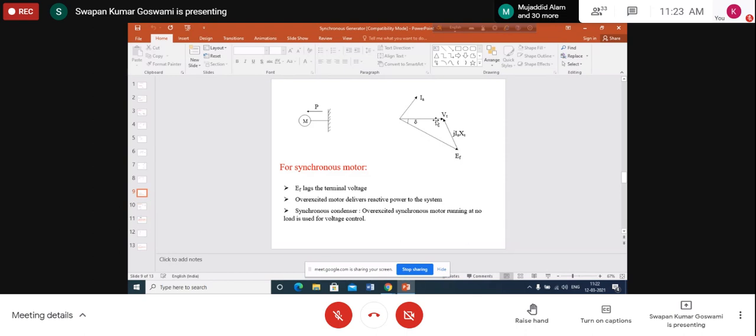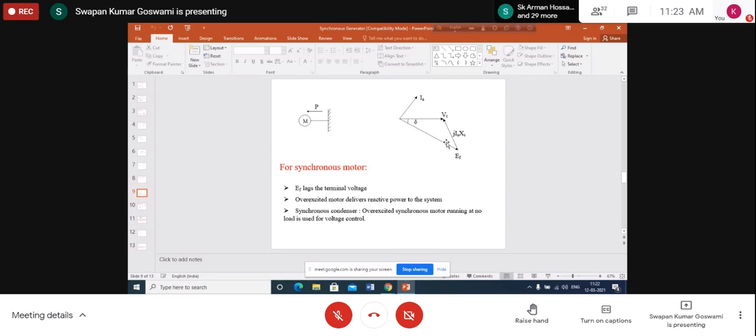It will be normal excitation when EF cosine delta becomes equal to VT. That means had this much been the value of EF, the projection of EF on VT would have been like this. If you draw a perpendicular from EF to VT, then obviously this will be the value. For this value, EF cosine delta will be equal to VT, and it is the case of normal excitation.